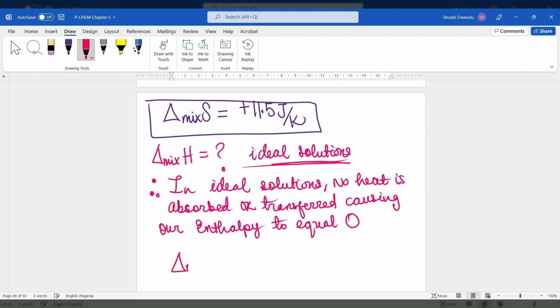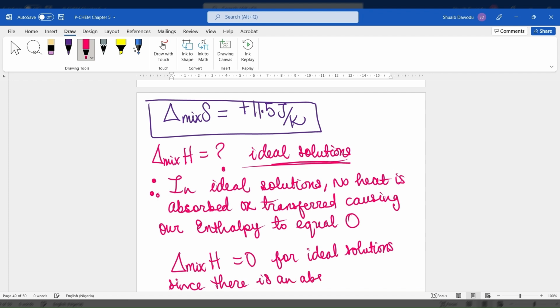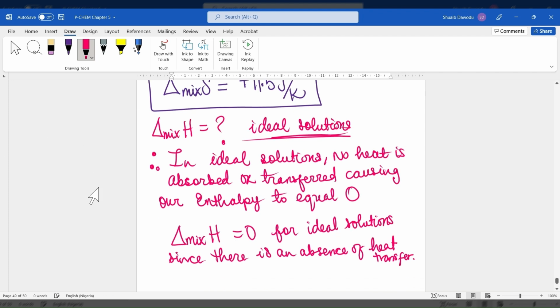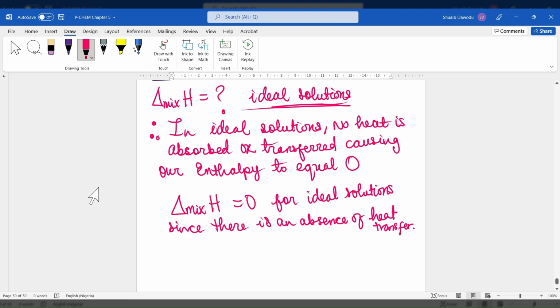So the change in enthalpy of mixing is always 0 for ideal solutions, since there is an absence of heat transfer. So that's basically it. The change in enthalpy of mixing is always going to be zero for ideal solutions.